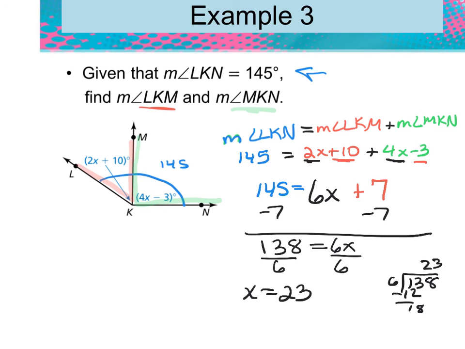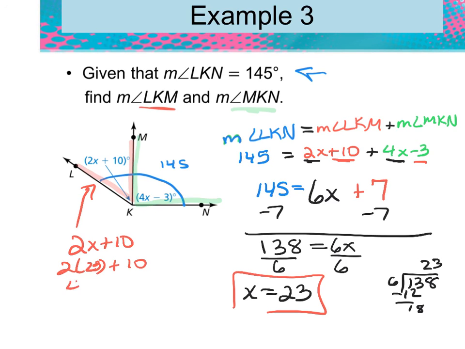Okay, now it didn't ask for x, it asked for the measure of these two angles. So now I take 23 and I'm going to plug it in here. 2x plus 10. So 2 times 23 plus 10, 46 plus 10, 56 degrees. So the measure of LKM is 56. Now to find the next one, I could just do 145 minus 56, but let me go ahead and plug it in.